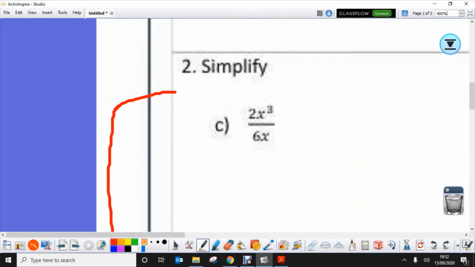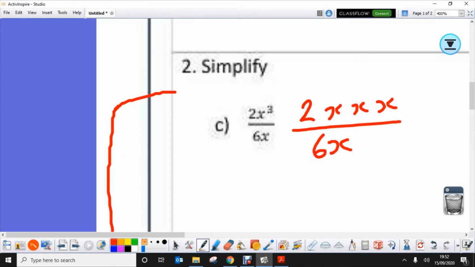So first off, question 2c. If I'm looking to simplify this, I'm going to simplify by cancelling common terms. If you think what we did in class, we've got 2 and then x times x times x, written out in longhand, and I've got 6 and x. Remember, I can cancel anything below by above.